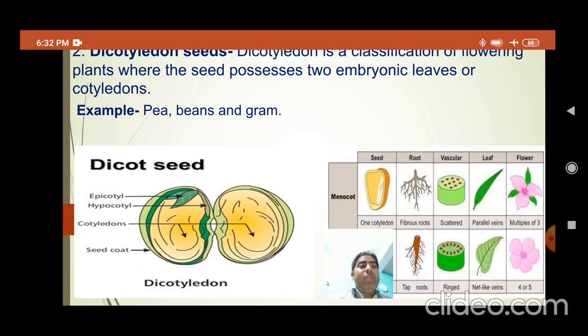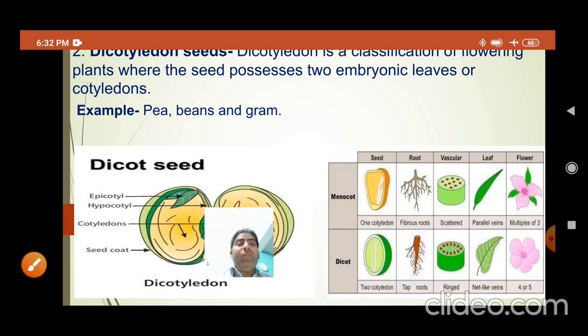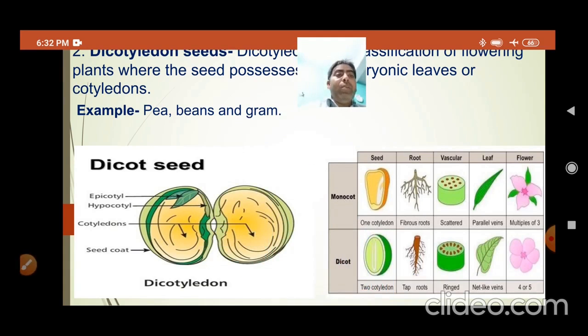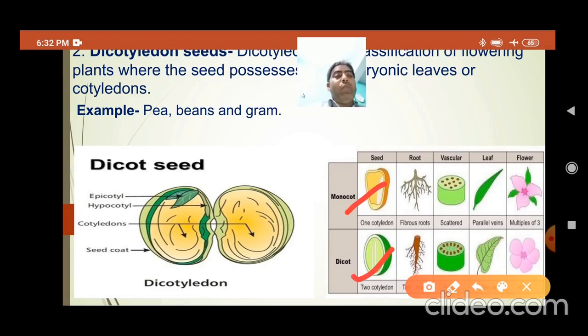Now here you can see some of the differences between the monocot and dicot. In monocot there is one cotyledon, in dicot there are two cotyledons. In monocot the roots are fibrous, in dicot the roots are tap roots. In monocot the vascular bundles are arranged in a scattered way.